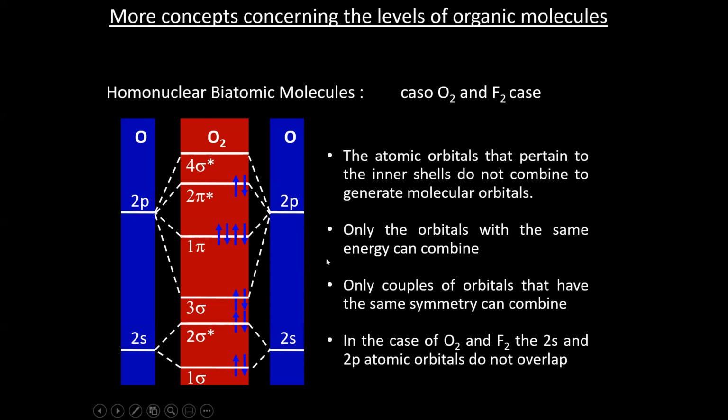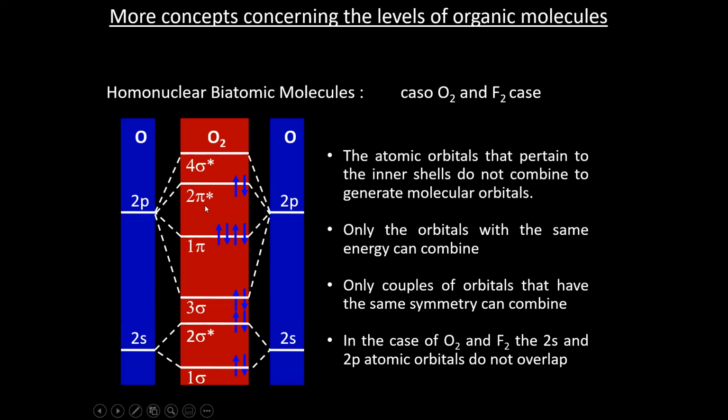What are the rules that you use? The atomic orbitals that pertain to inner shells do not combine, so they remain unperturbed. Only the orbitals with the same energy can combine. So you see here the 2s and 2s, they interact and they generate the bonding and anti-bonding 1 sigma and 2 sigma star orbitals.